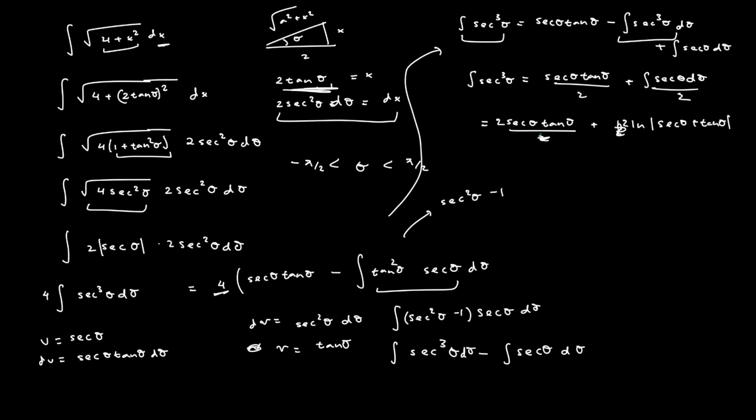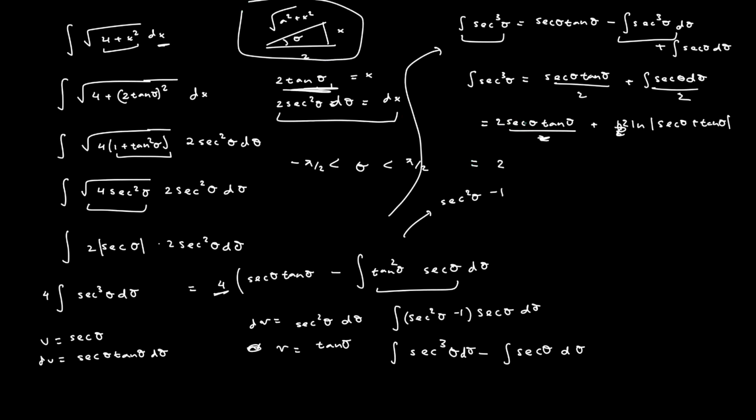And now the final step is we have everything in terms of theta, and we have to convert back into terms of x. So in order to do that, we can use this handy dandy triangle that we have. So this essentially becomes 2 times secant theta.